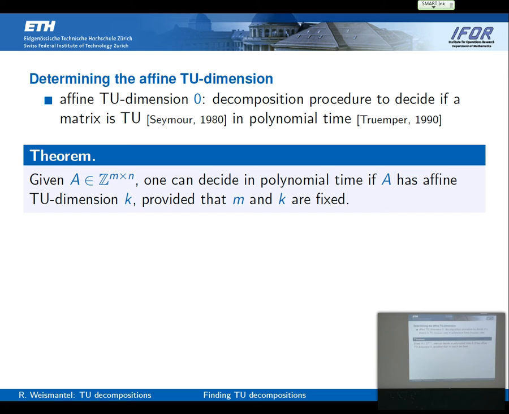On the positive side, what we can solve is the following. I give you the matrix A, an m times n matrix, and one can decide in polytime if A has an affine TU dimension k, provided that m and k are fixed. So in other words, m fixed means this is like a knapsack problem.